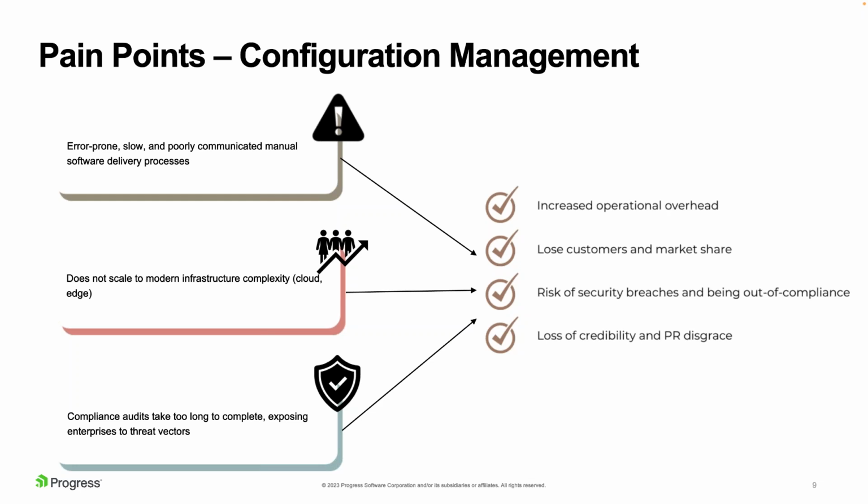Secondly, it is quite impossible to scale traditional configuration management to modern infrastructure complexity, given the tens of thousands of applications and devices that IT companies use these days. To maintain consistent configurations or compliance postures at scale becomes enormously challenging. And finally, it is important not just to automate your configurations within your server infrastructure.